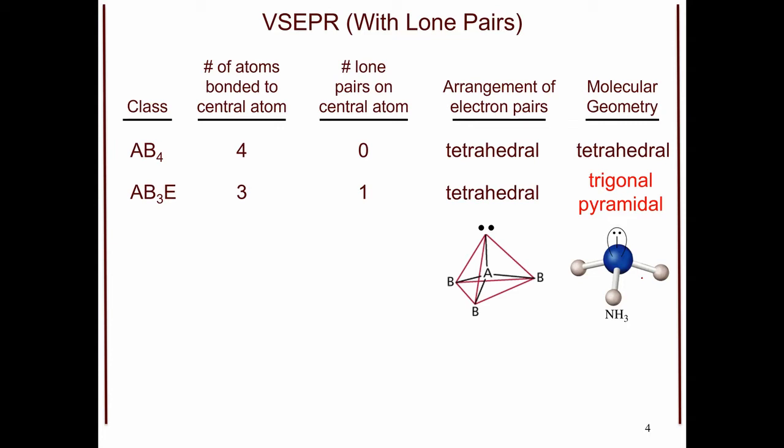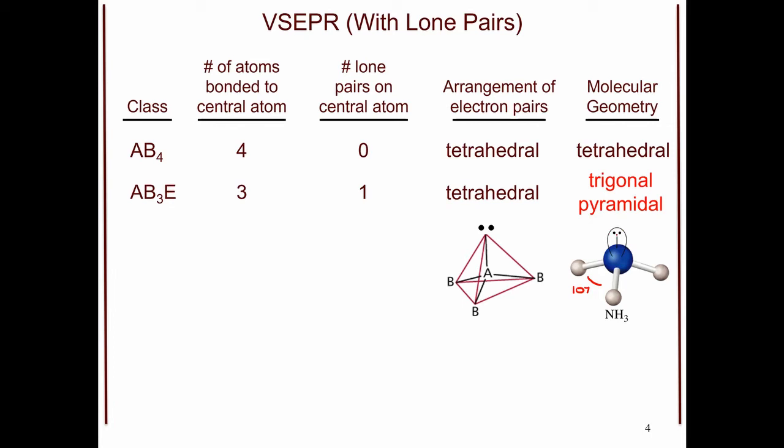So while we had the parent family that had a bond angle of 109.5, you saw on the previous slide, this bond angle here is going to be something about 107 degrees because of the space being taken up by this lone pair and its orbital.